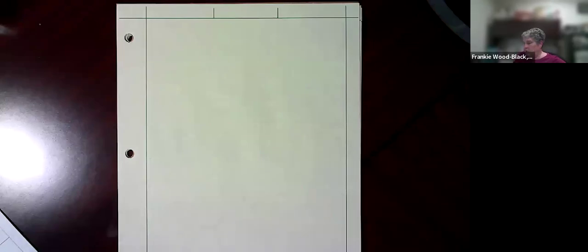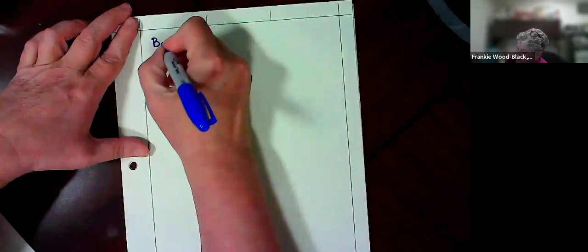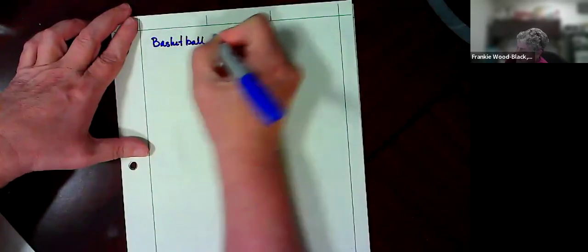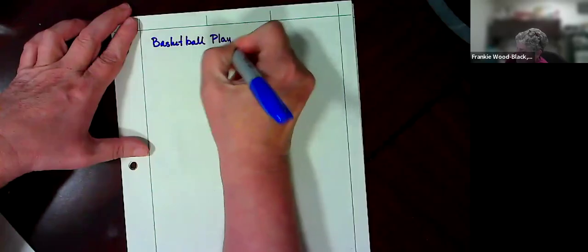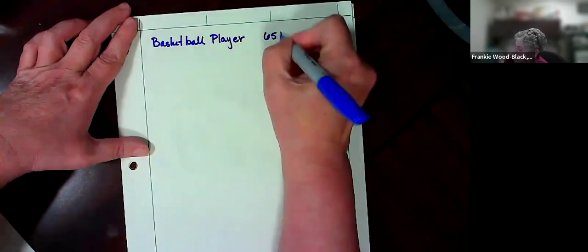So let's do a basketball player problem. I have a basketball player, and my basketball player is going to be 65 kilograms.